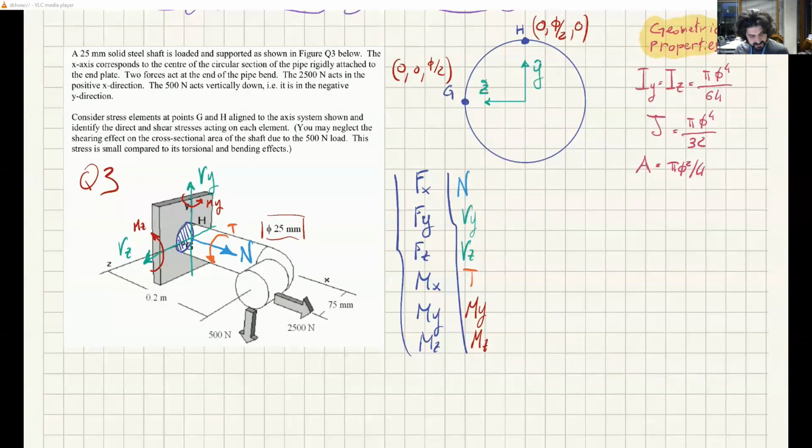Now that we have this, we can easily find the value of these forces. The normal force is, of course, whatever force is acting in the x direction. It's 2500 in direction x, so it's positive 2500 newtons.